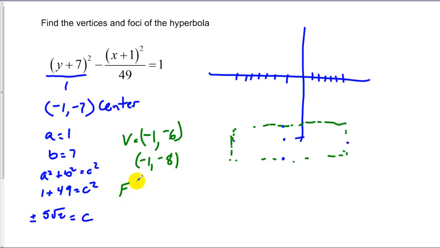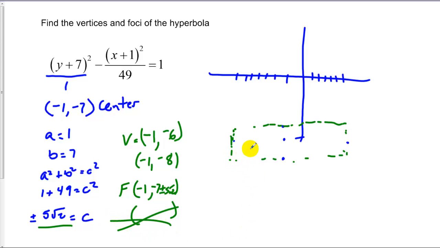Likewise, the foci: I stay at -1, but this time I'm going to move up and down a c distance. So that's -7 plus or minus 5√2.